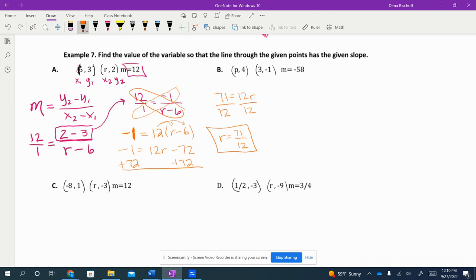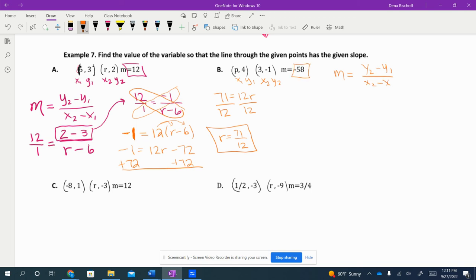All right, we're going to do it again. We have 4 more examples. Hopefully one of them turns out nice. All right, so let's label them X1, Y1, X2, Y2. Remember the equation, M equals Y2 minus Y1 over X2 minus X1.